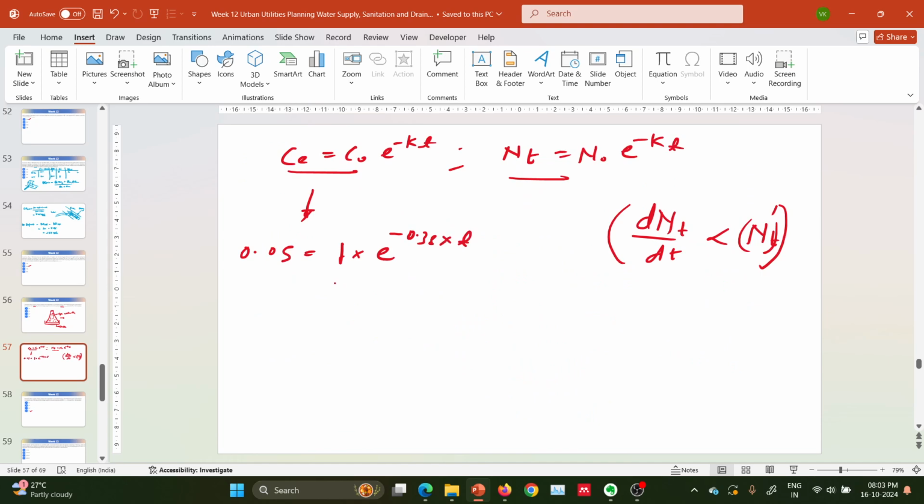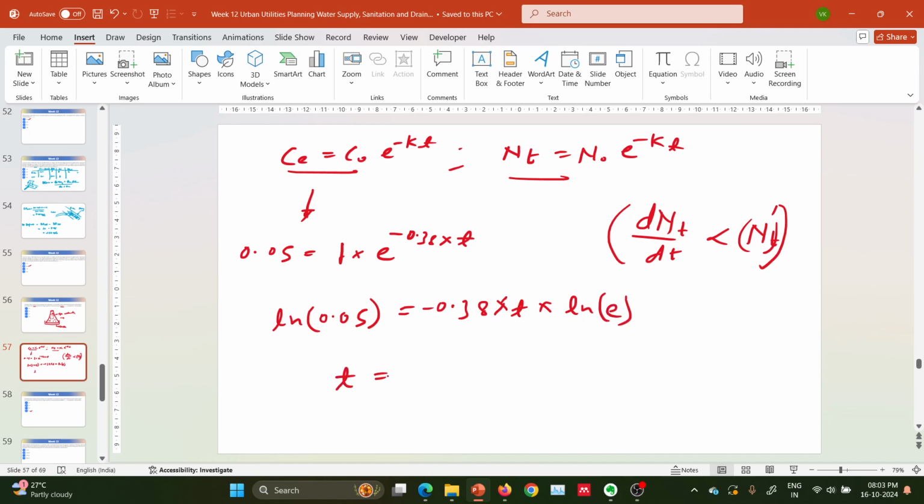If you solve it, you have to take natural log of 0.05, equal to ln of e to the power minus 0.38 into t, and ln e is 1.